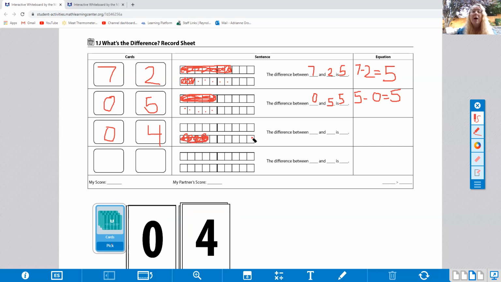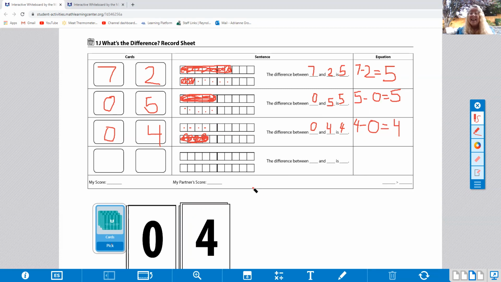So the difference between 0 and 4 is, that's easy, 4. Now I need to write my subtraction equation, and I remember that I start with the larger number. So my equation is 4 minus 0 equals 4.